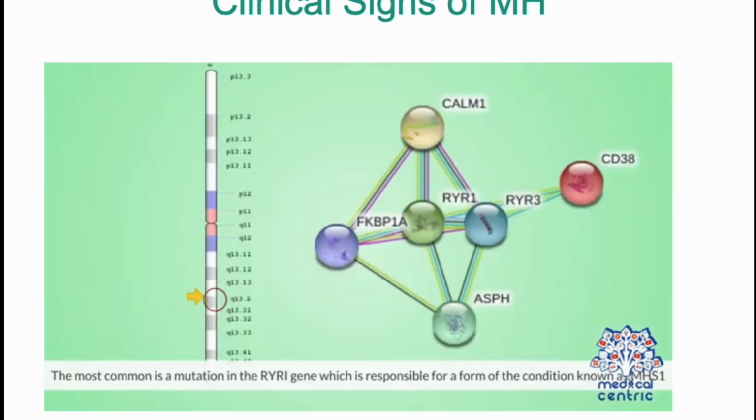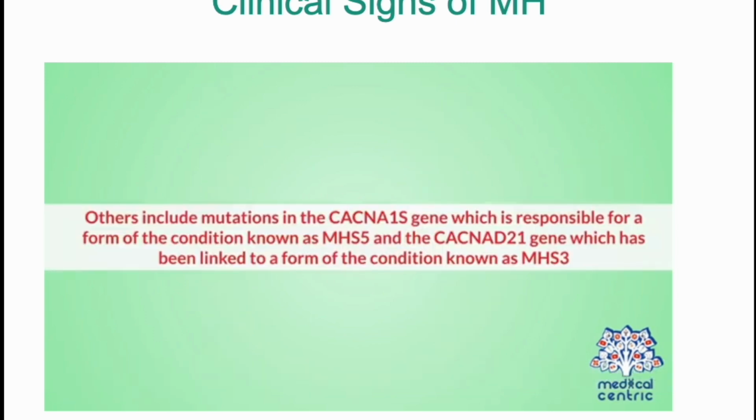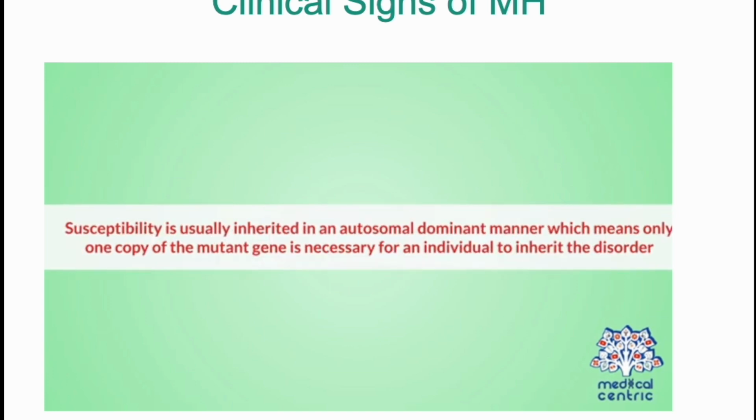The most common is a mutation in the RYR1 gene, which is responsible for a form of the condition known as MHS1. Others include mutations in the CACNA1S gene, which is responsible for a form of the condition known as MHS5, and the CACNA2D1 gene, which has been linked to a form of the condition known as MHS3.